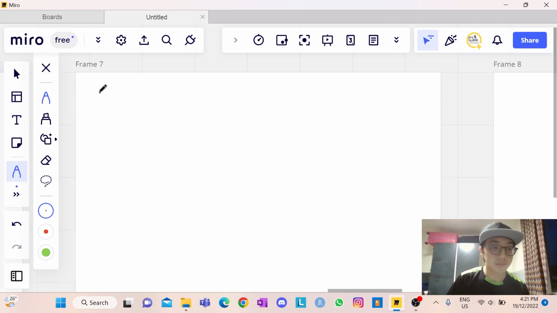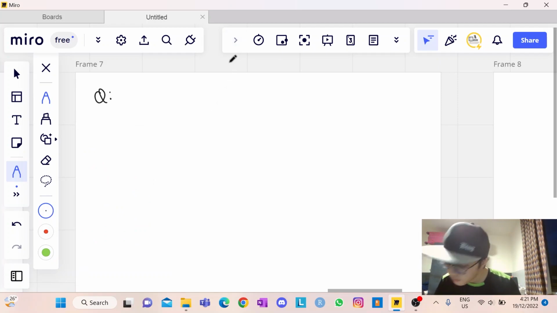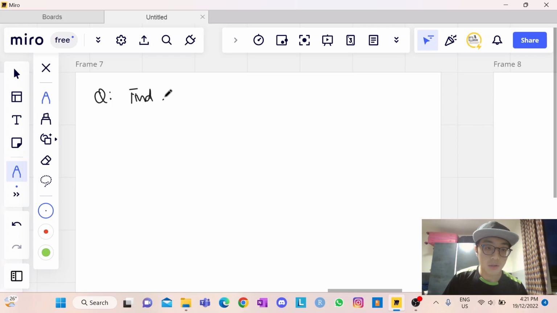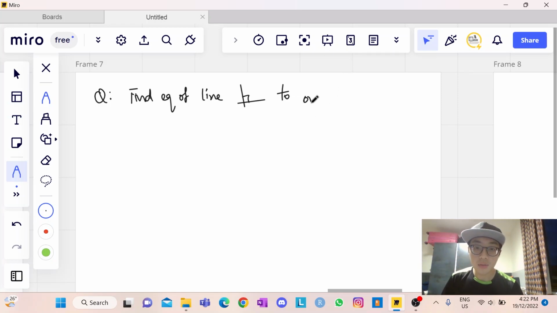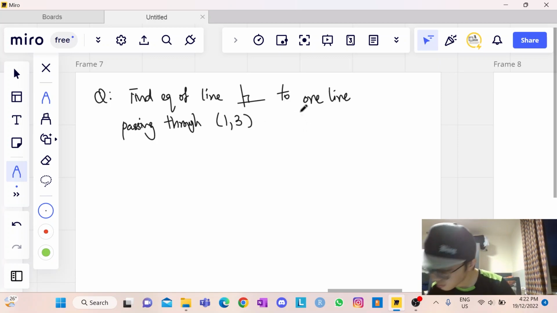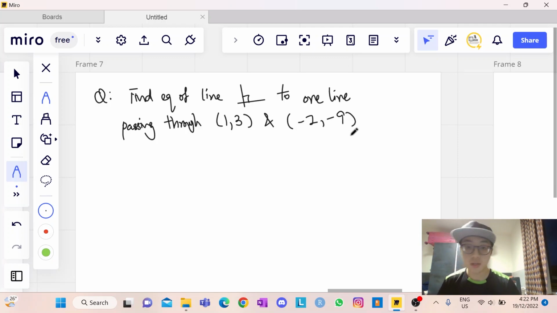The question is, find the equation of line perpendicular to one line passing through (1, 3) and (-2, -9).